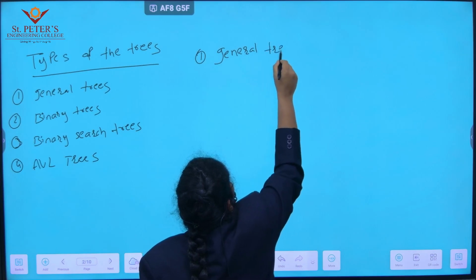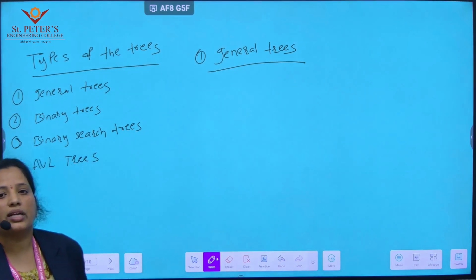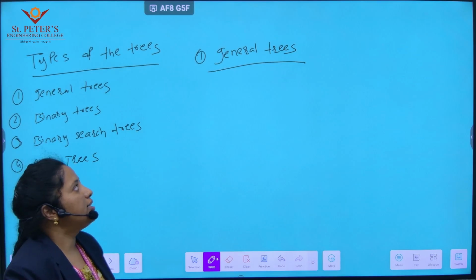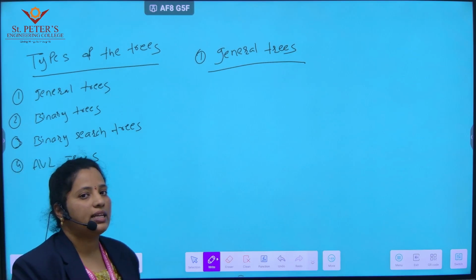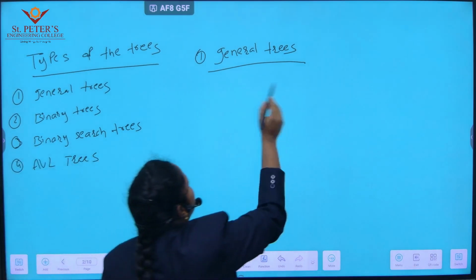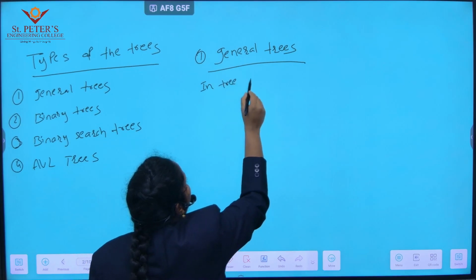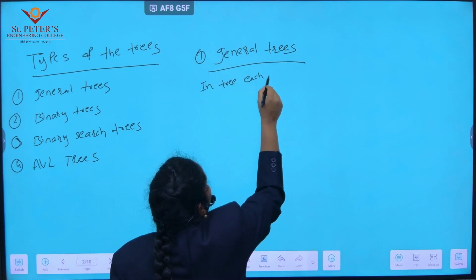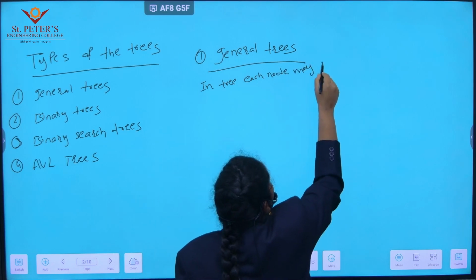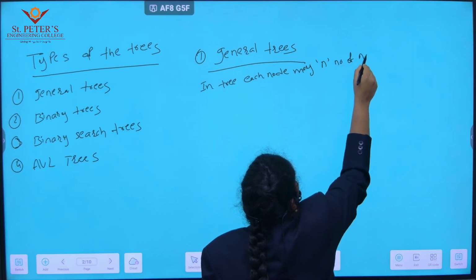General trees. In a general tree, each and every node may contain n number of nodes.